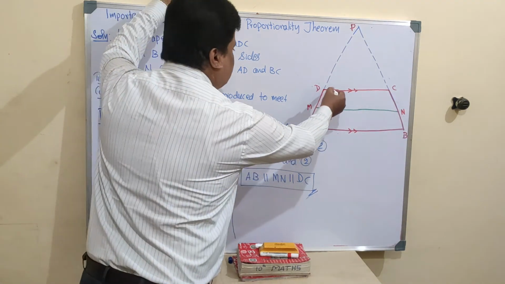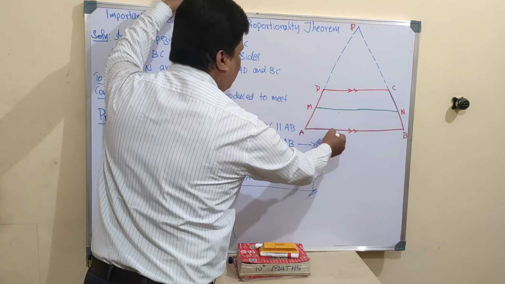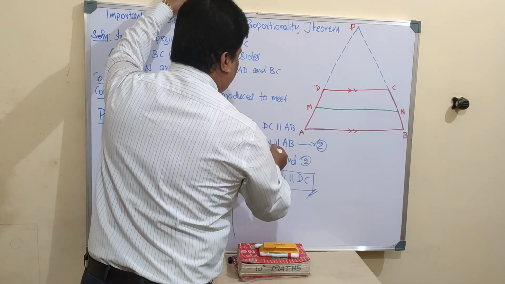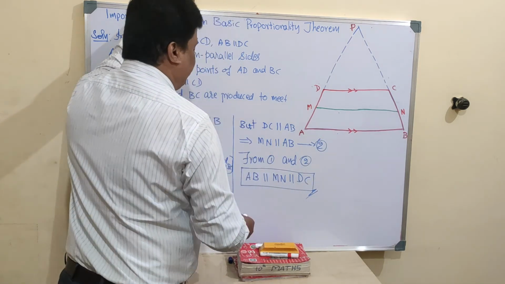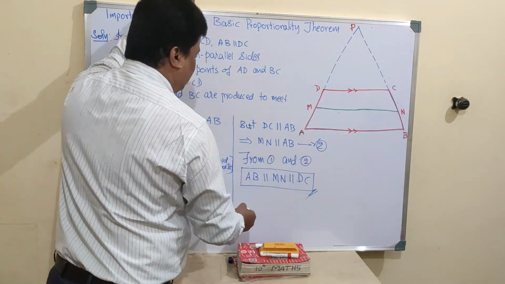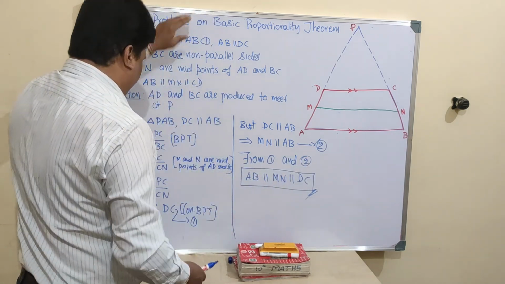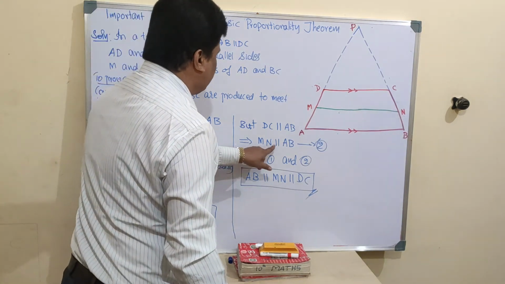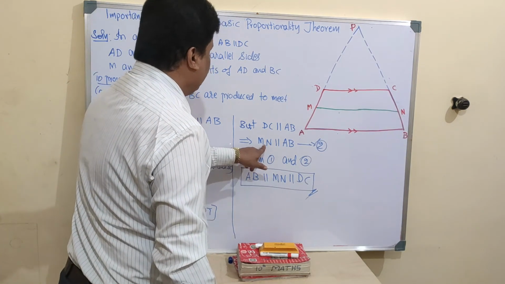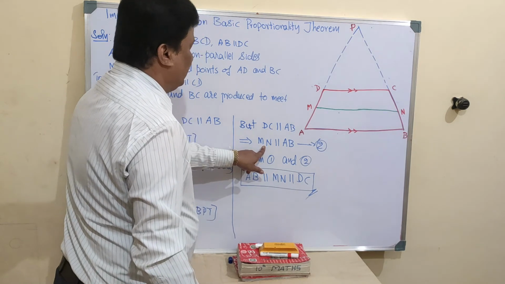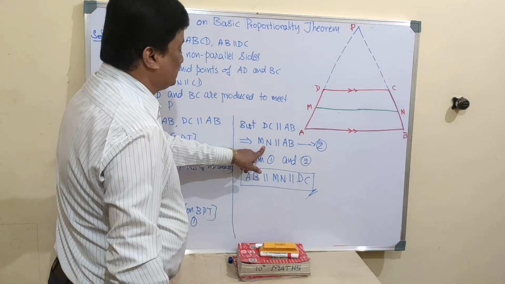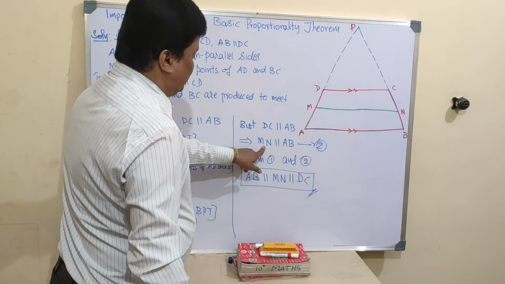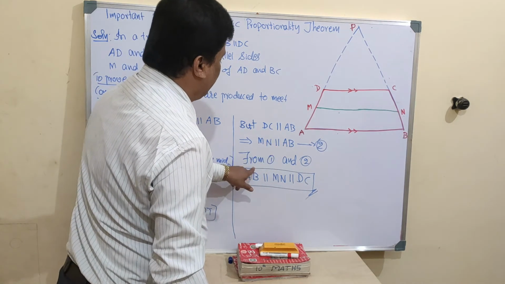But this DC is parallel to AB. Therefore, MN is parallel to AB. From 1 and 2, from 1, MN is parallel to DC, and from 2, MN is parallel to AB. It means MN, which is the line joining the midpoints of non-parallel sides of a trapezium, is parallel to the parallel sides.